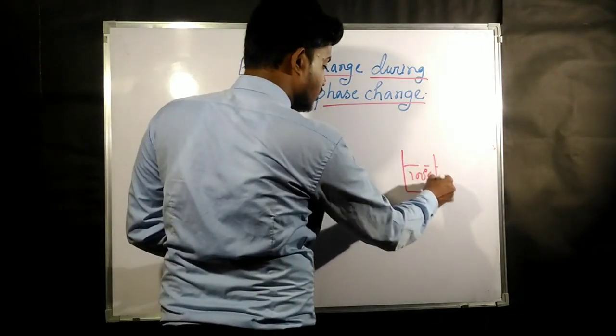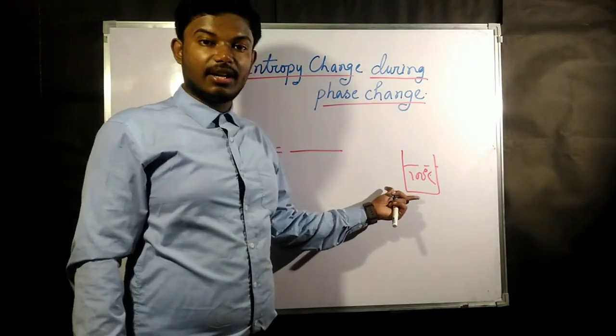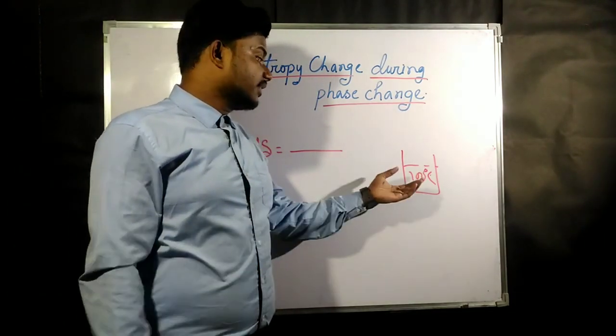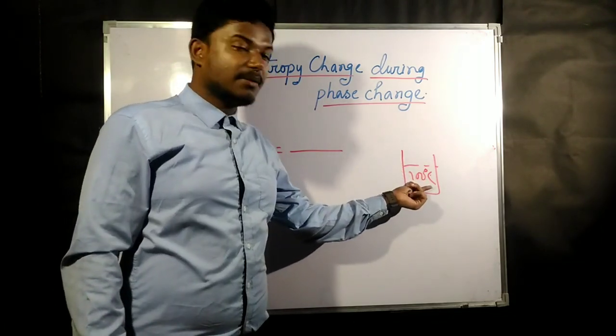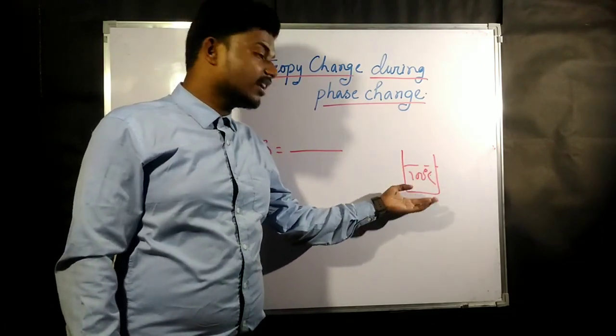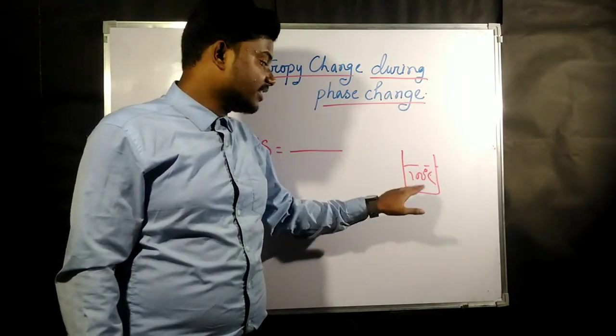You will first need to get it to 100 degrees centigrade. Then this body will collect some latent heat, and keeping that temperature the same, all the water is going to get evaporated. That means during phase change the temperature remains constant.